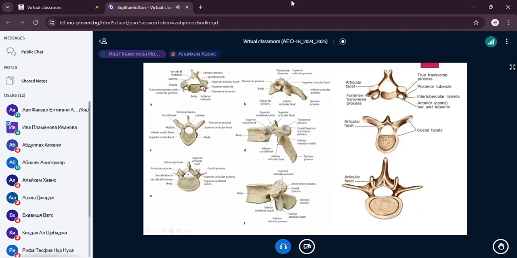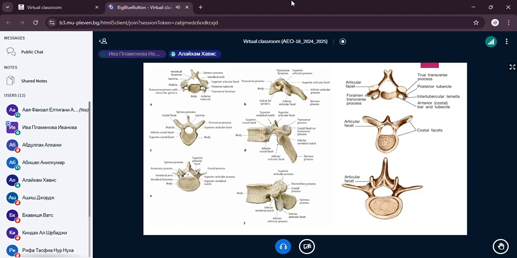So the body is here. Here are the transverse processes with the transverse foramen. And what can we find in this foramen? Do you remember? In the transverse foramen? Veins? Yes, veins also, but one artery.